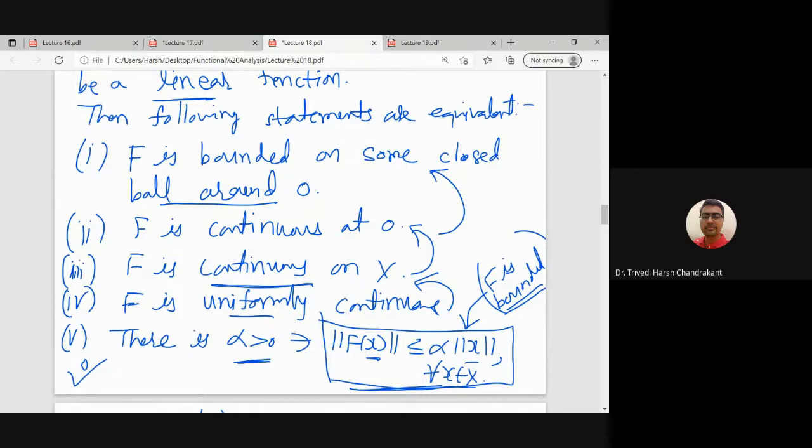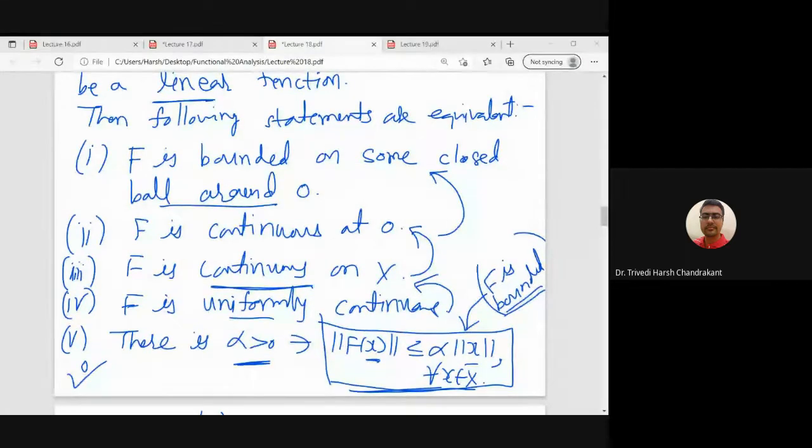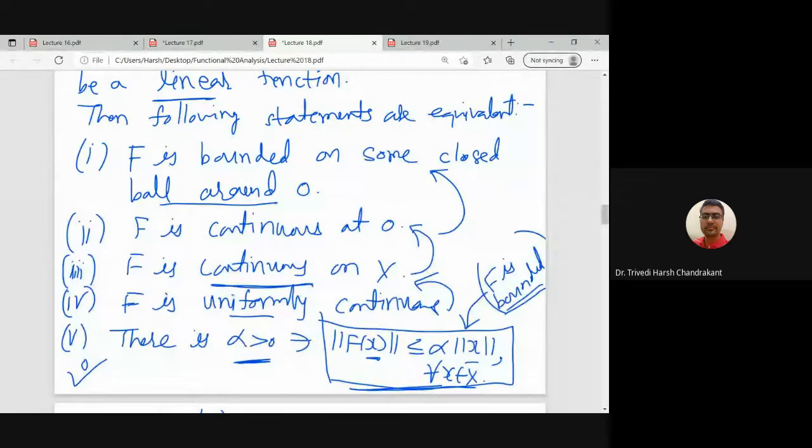Instead of checking the continuity in terms of sequences, we will just look for a positive number alpha such that norm of fx is less than or equal to alpha times norm x.